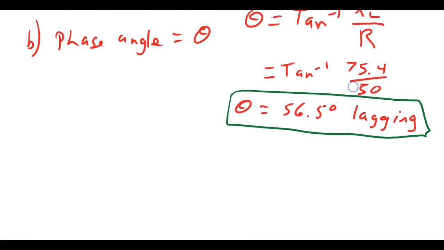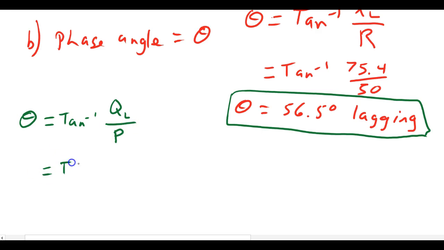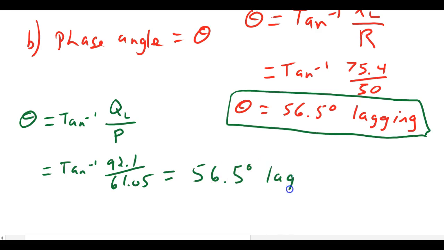Now, in addition, remember that using the power components or the power triangle, theta is equal to the inverse tangent of the vertical power, or QL, over the horizontal power, P. The inverse tangent then of 92.1 vars over 61.05 watts should also yield a theta of 56.5 degrees, and of course lagging.